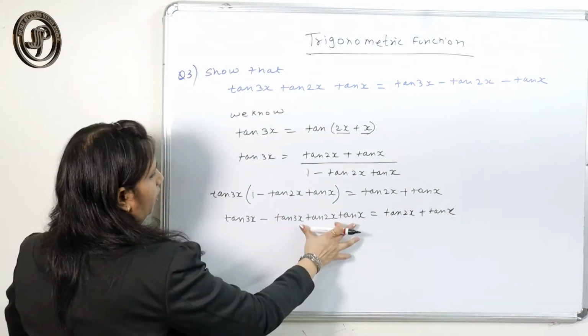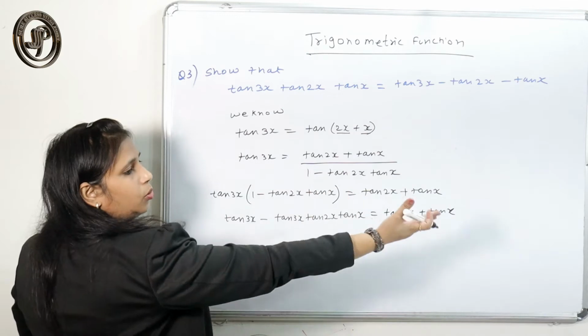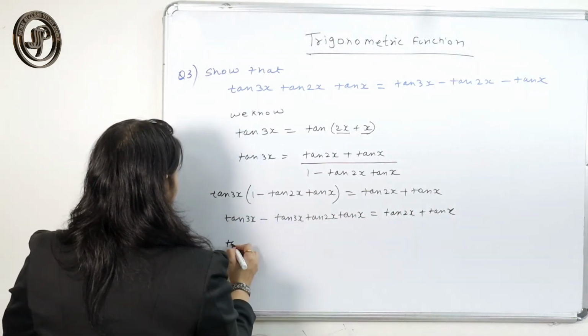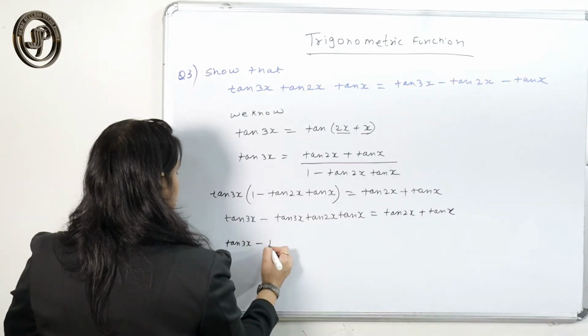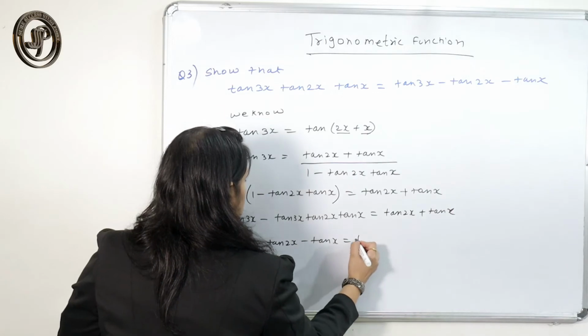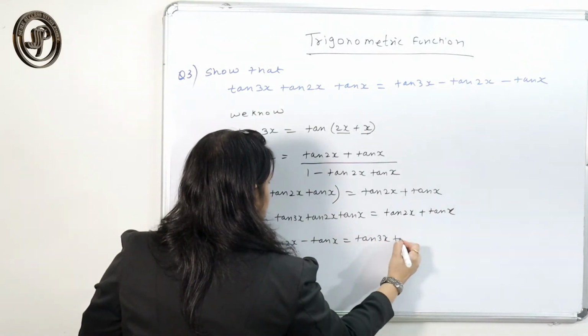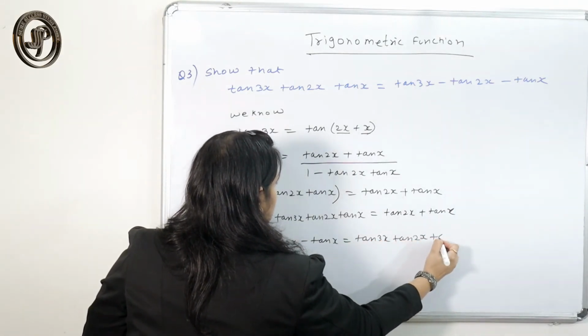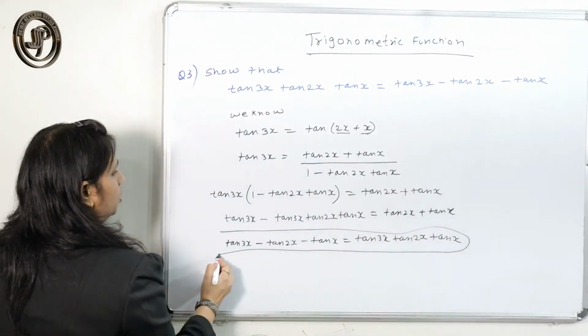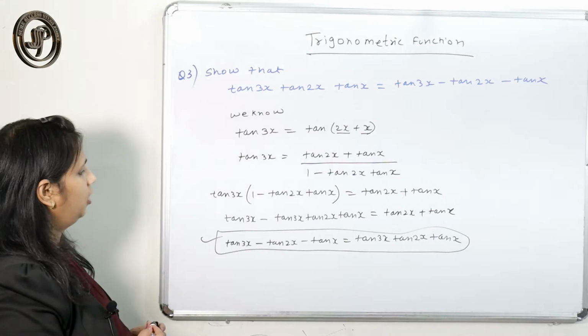Now take this term to the other side. So you will get tan 3x − tan 2x − tan x equals tan 3x tan 2x tan x. That statement only you need to prove.